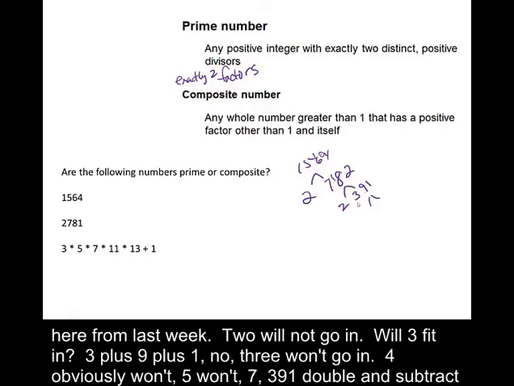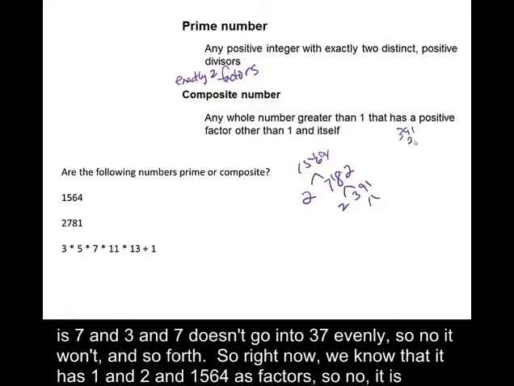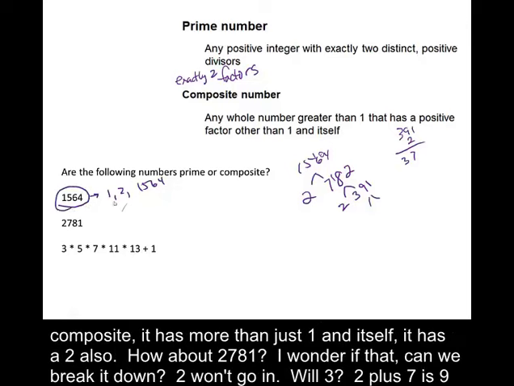No, 3 won't go in. 4 obviously won't. 5 won't. 7, 391, double and subtract is 7 and 3. And 7 doesn't go into 37 evenly, so no, it won't, and so forth. But right now, we know that it has 1 and 2 and 1564 as factors, so no, it is composite. It has more than just 1 and itself. It has a 2 also.